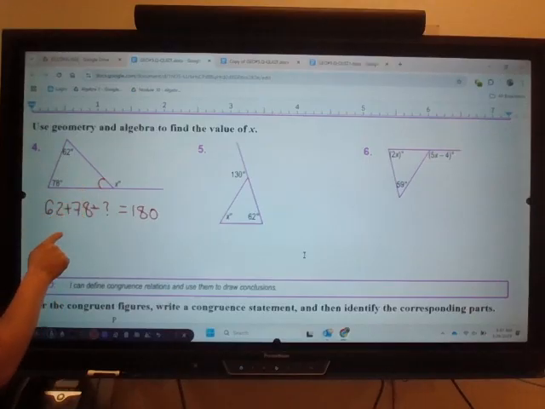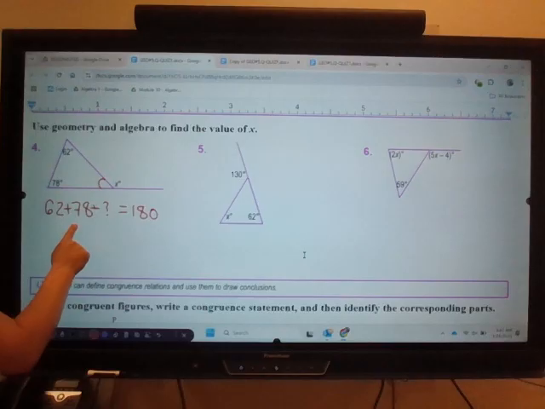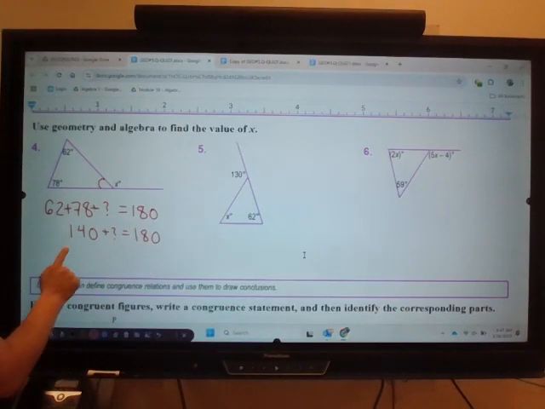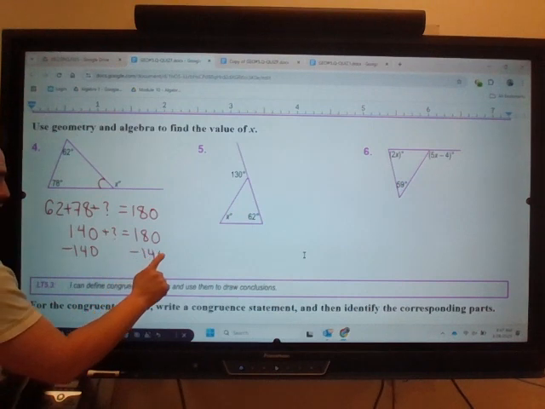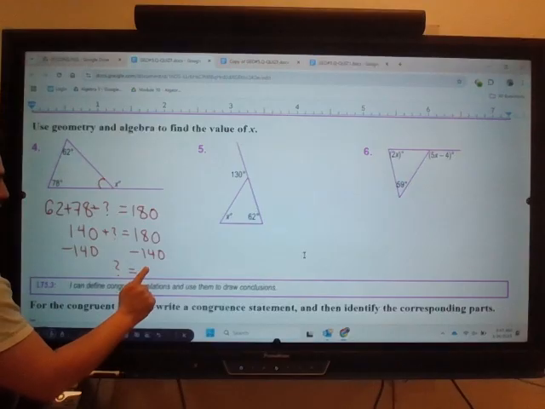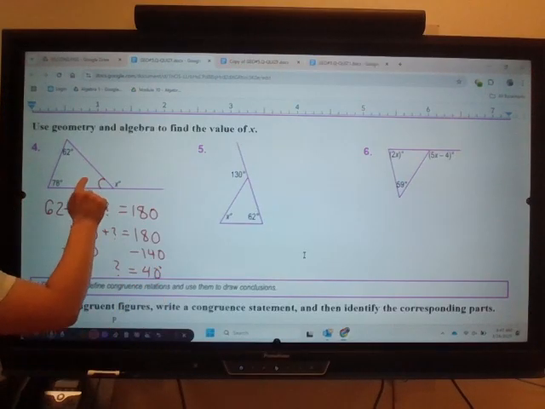So 62 plus 78, we've got 140 plus question mark equals 180. I know you guys can already see it, I bet. With the question mark in question, that angle inside that triangle is going to equal 40 degrees.